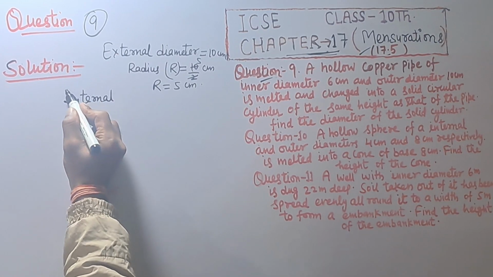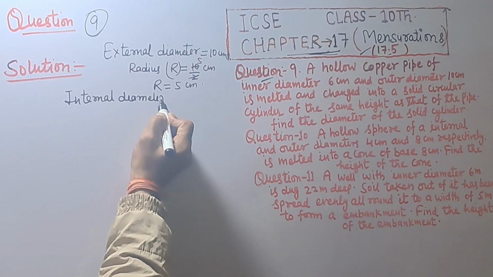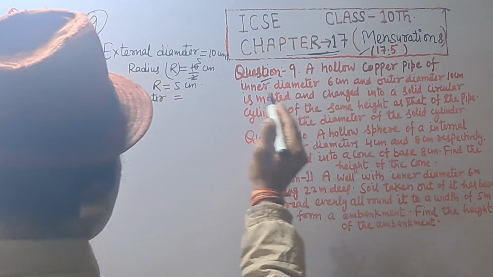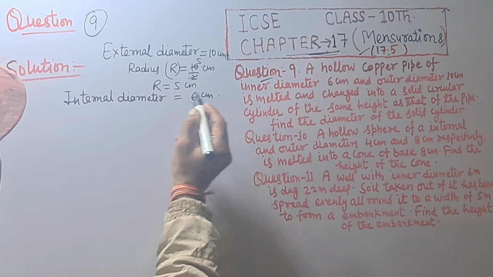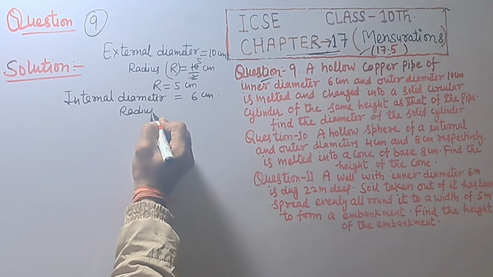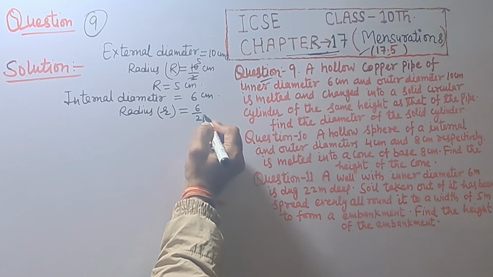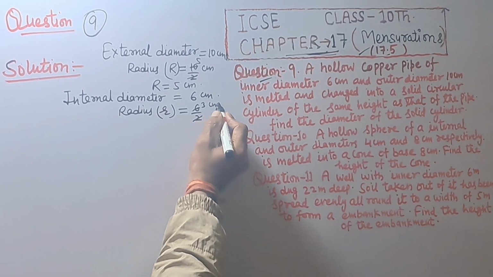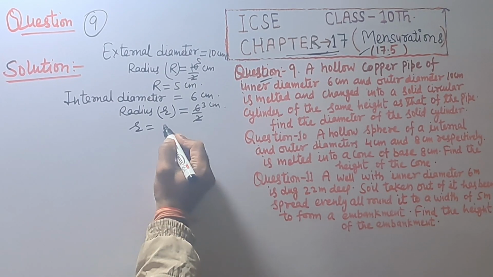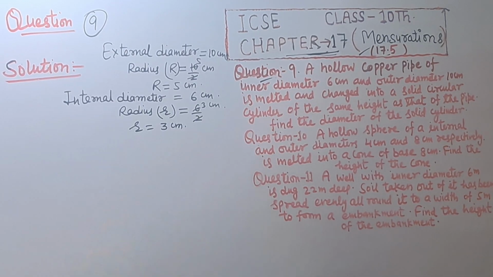Internal diameter equal to 6 centimeter and radius, that is small r, 6/2, 3 centimeter. Internal radius is equal to 3 centimeter.